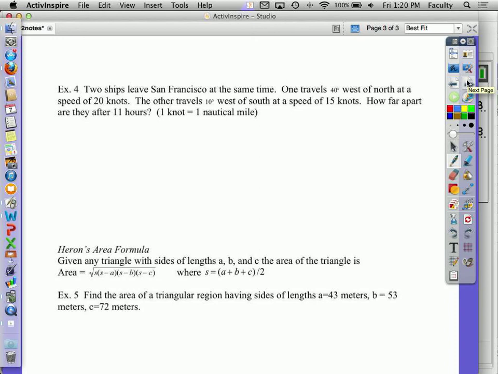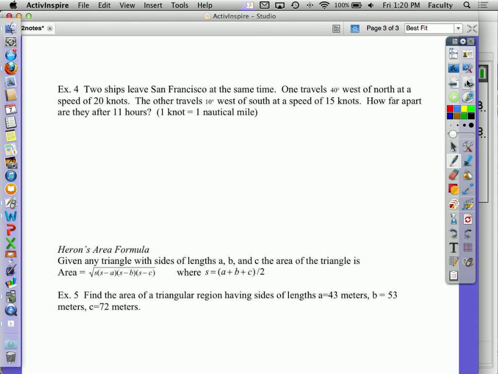All right, example 4. Our favorite, there's bearings. It says 2 ships leave San Francisco at the same time. One travels 40 degrees west of north at a speed of 20 knots. The other travels 10 degrees west of south at a speed of 15 knots. How far apart are they after 11 hours?